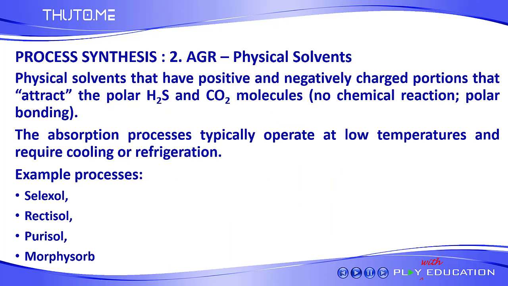The second class of AGR uses physical solvents. The physical solvents usually have positive and negatively charged portions that attract the polar acid gases, which are H2S and CO2. The absorption process typically operates at low temperatures and may require refrigeration. This type of physical solvent application for AGR is very popular.